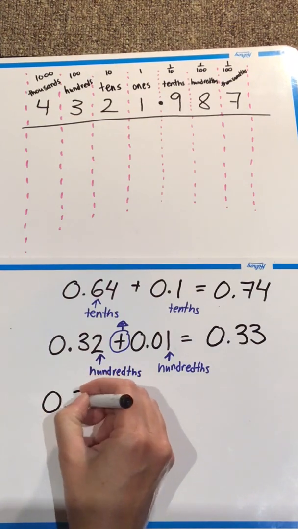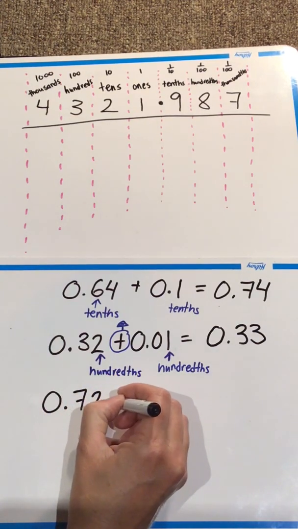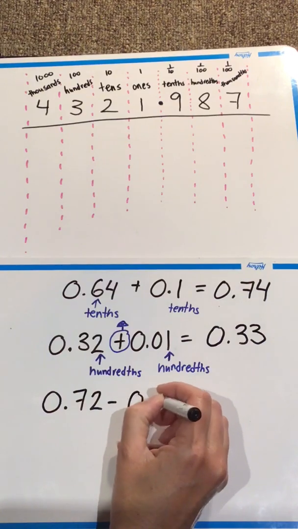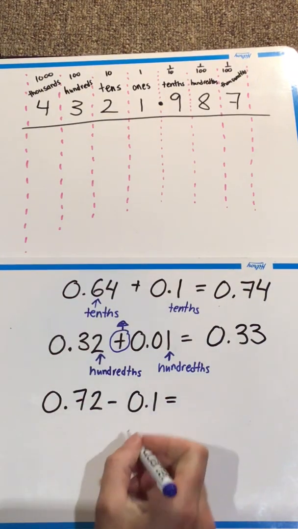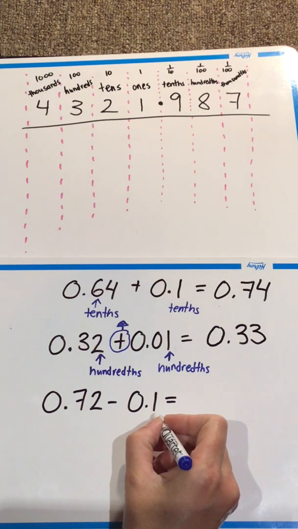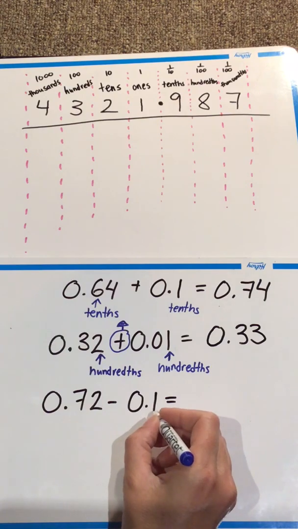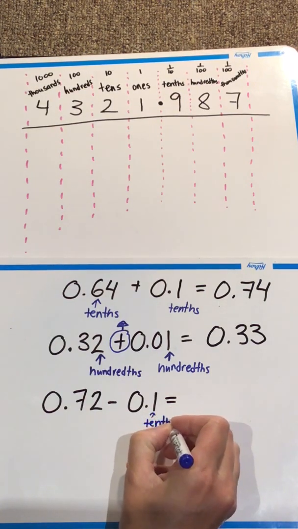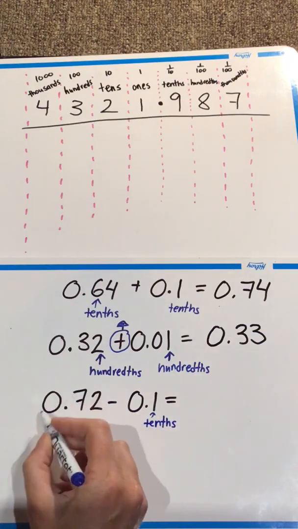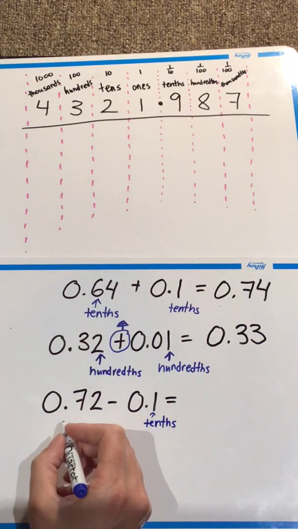Okay, it works exactly the same if we are subtracting. So I have 0.72, and this time I'd like to subtract 0.1. Once again, I check what place value this is. It's one spot to the right of the decimal point, so that makes it the tenths column. I figure out which digit is in the tenths column.